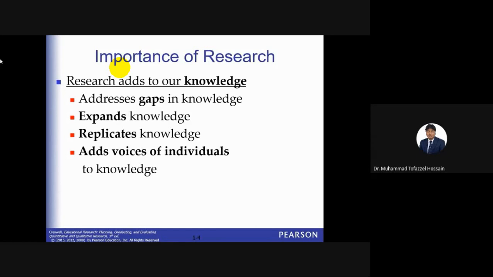If not, then you have to find out why not. So you have to review the existing literature, and when you review the existing literature, then only you can say that this is the gap.